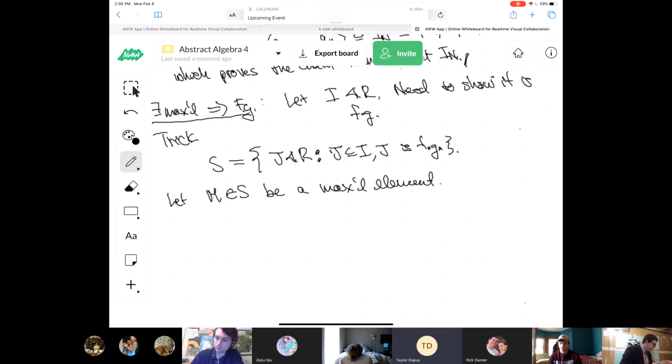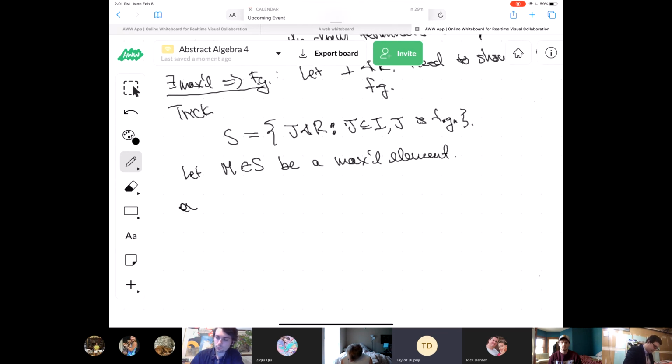The exercise is to show that M is equal to I.